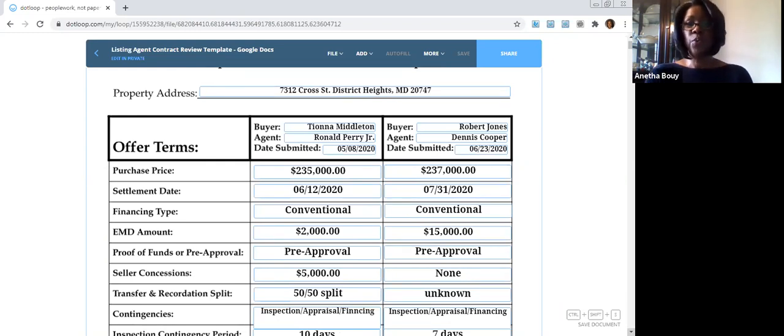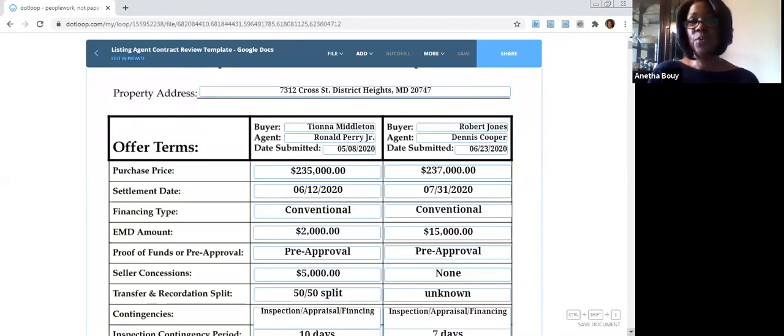For the sake of this exercise, we've received 3 offers, and we're going to go through all 3. For most sellers, the main concern is who has the highest offer, who is willing to pay the most for my home.